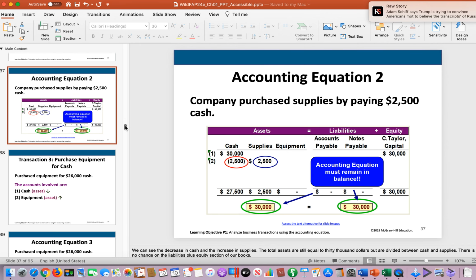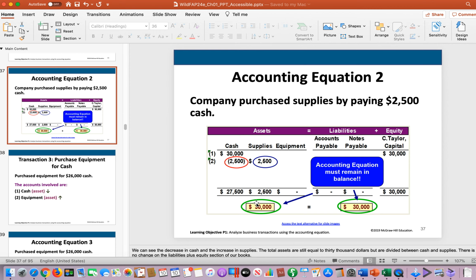As you can see, when something's in parentheses, it means it's being subtracted. So cash started out at 30,000. He spent $2,500 of it. So cash is now $27,500. But supplies went up by the same amount.